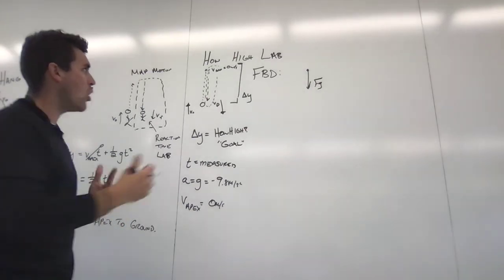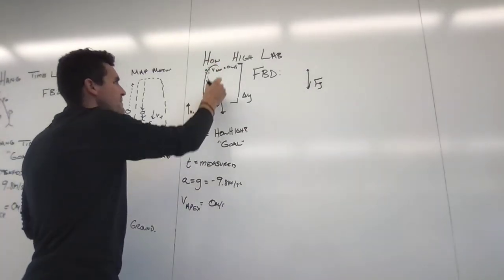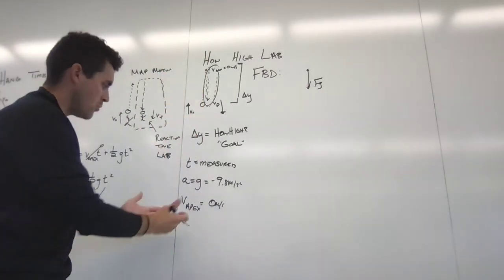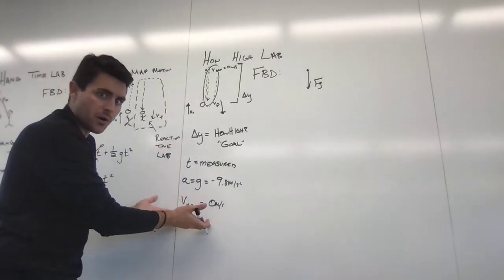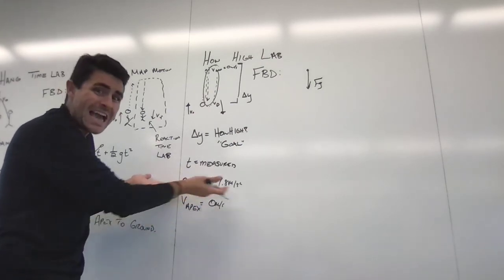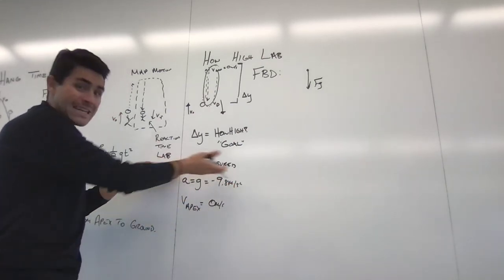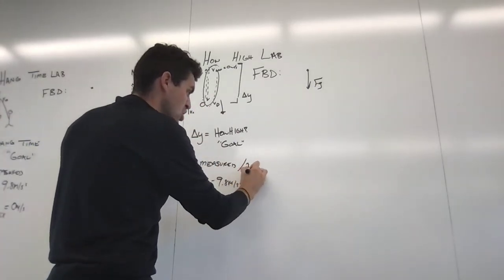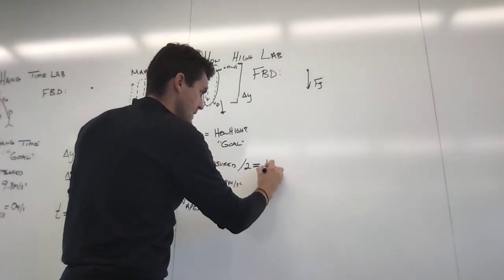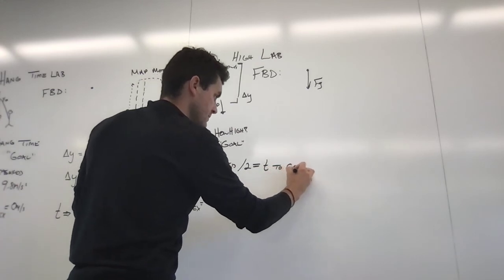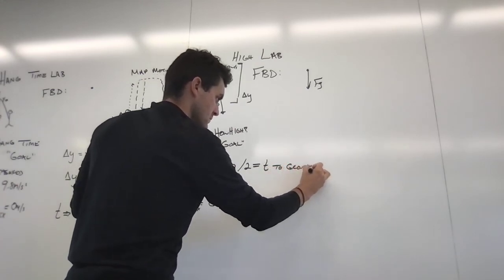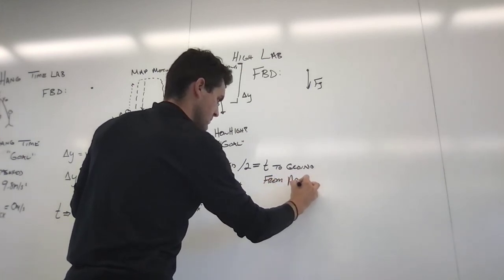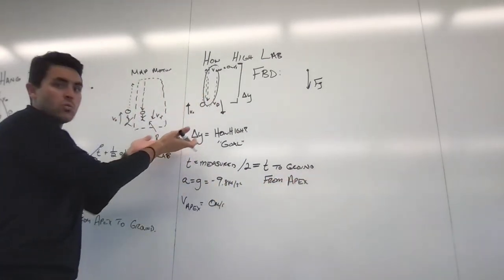So if I only examine the second half of the motion from the apex to the ground, well, my initial velocity is then 0. My acceleration is still negative 9.8. The time I measured really should be divided by 2 in order to get me the time to the ground from the apex. And then my change in y is my goal.